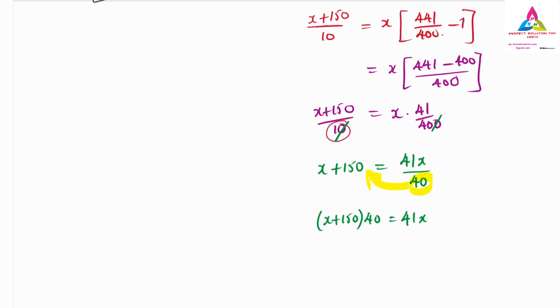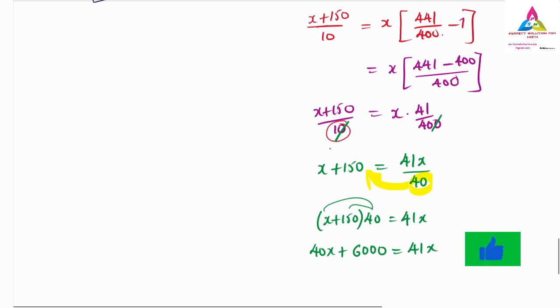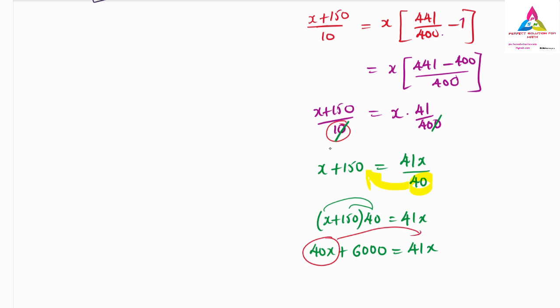This is the last final step. 40 into x is 40x, 40 into 150 is 6000, equals 41x. Now the last thing, we shift the 40x to the other side, because the unknown terms are 41x and 40x. So 6000 remains here, equals 41x minus 40x, because it is positive 40x here, and when you shift it, it becomes minus. 41 minus 40 is 1x, equals 6000.